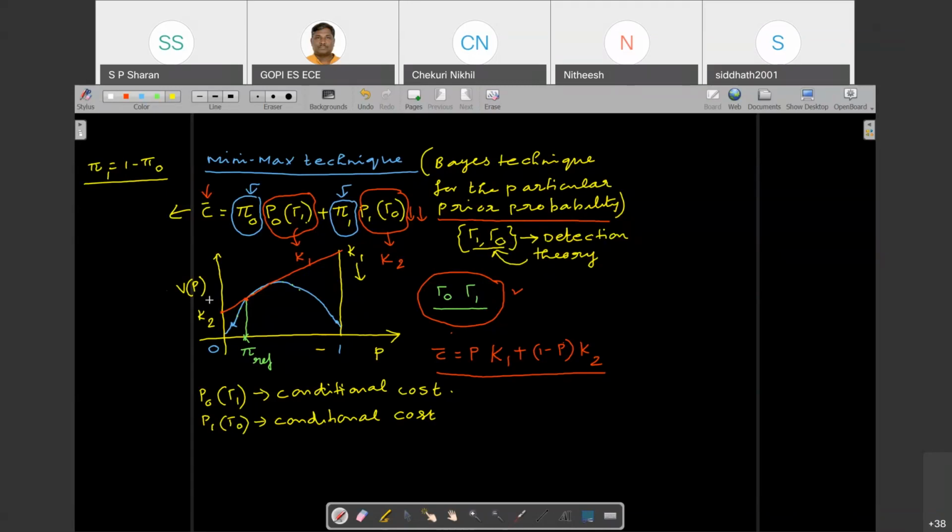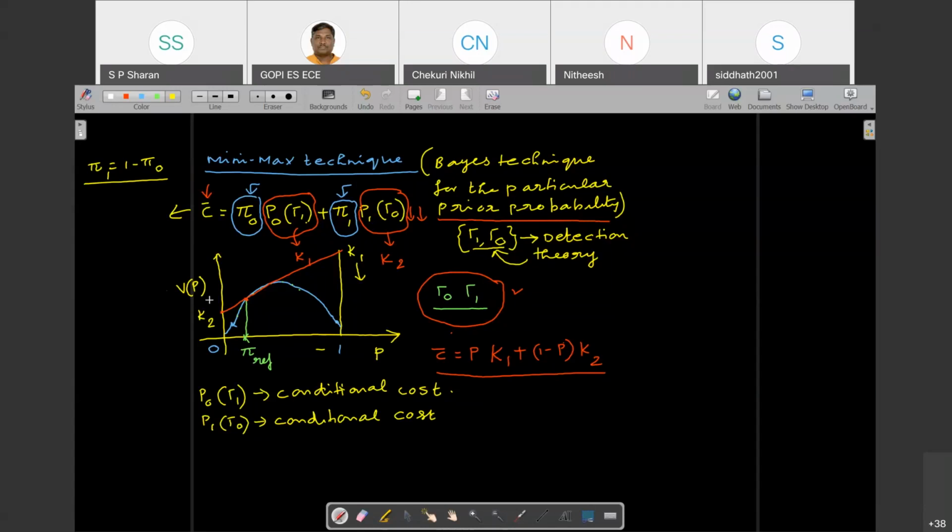When y is discrete, you have a channel with characteristics like this, 0 1 0 1. Say this is alpha and this is beta. The probability of getting 0 when 0 is transmitted and the probability of getting 1 are going to be 1 minus alpha and 1 minus beta.